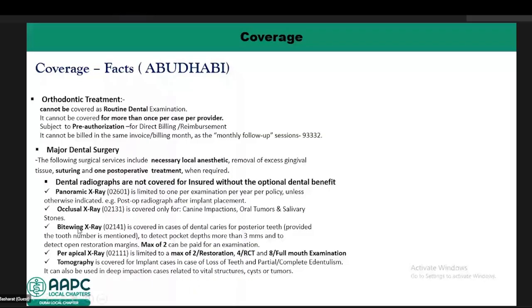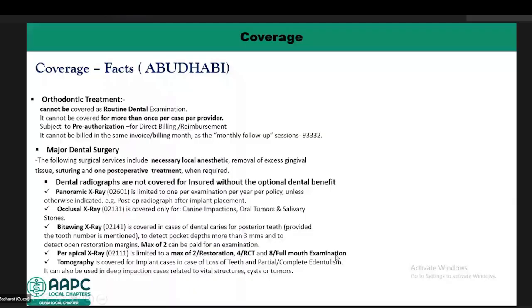You can state that the patient was having severe pain and the doctor took this X-ray to make sure there is no caries. So you can resubmit this bitewing. A maximum of 2 can be paid for an examination. Periapical X-ray is limited to a maximum of 2 for restoration, 4 for RCT, and 8 for full mouth examination.